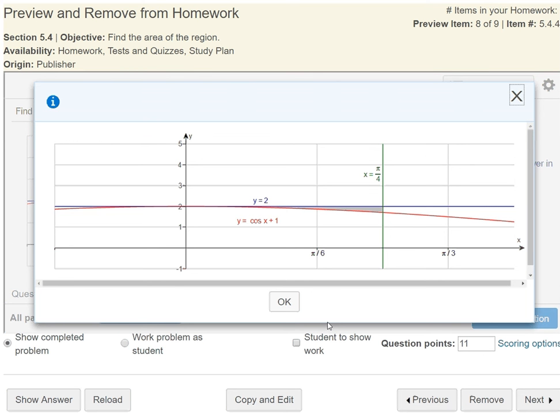Okay, good. So the area under the blue curve minus the area under the red curve. Do you need calculus to find the area under the blue curve? No, that's geometric. That's pi fourths times 2, minus the area under the trig function from 0 to pi fourths. Good.